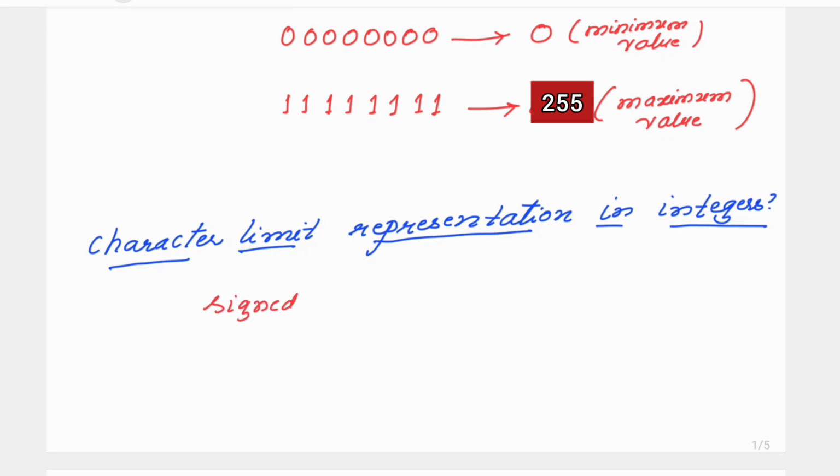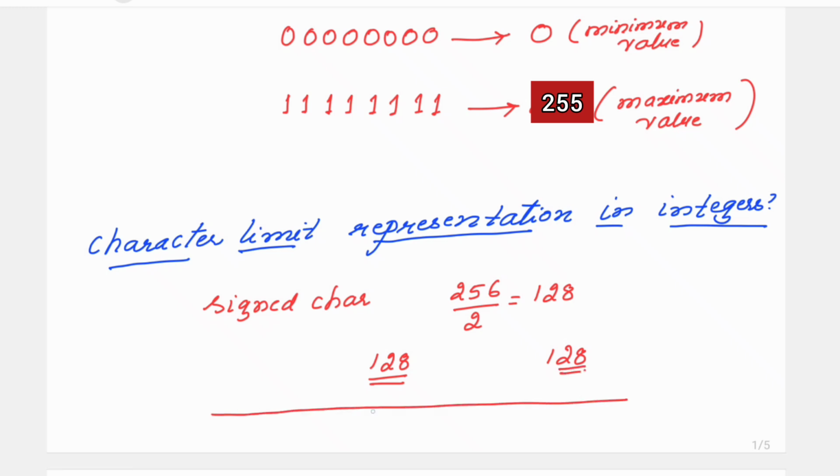For the signed character data type, it accepts both positive and negative values, but the maximum number of values is how much? 256. So you have to divide this by 2 and you will get 128. So we can have 128 values for the negative and 128 values reserved for the positive.